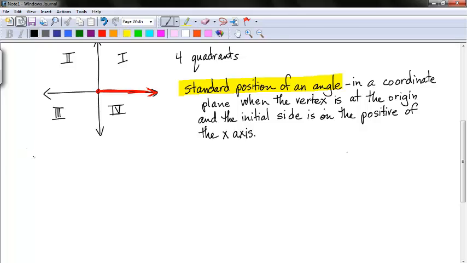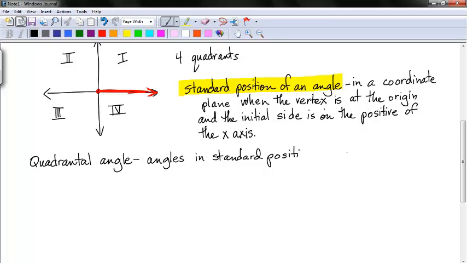The next thing the author defines is a quadrantal angle. Try saying that, quadrantal. A quadrantal angle. Those are angles in standard position. So that tells you where the initial side is. It tells you it's starting at the vertex, at the origin.